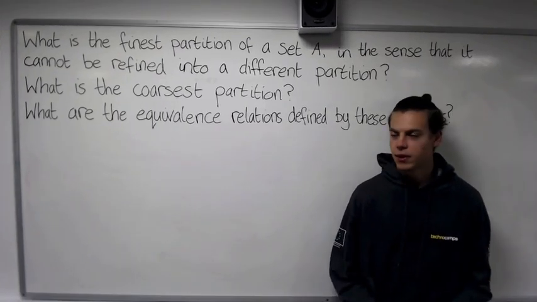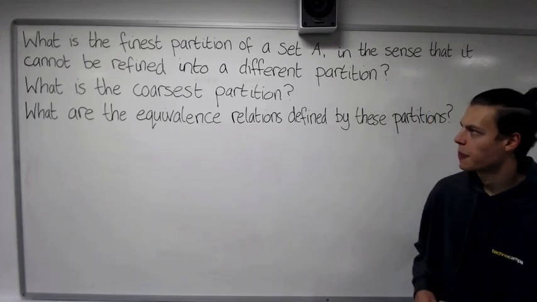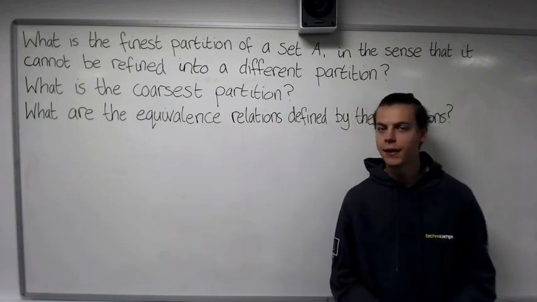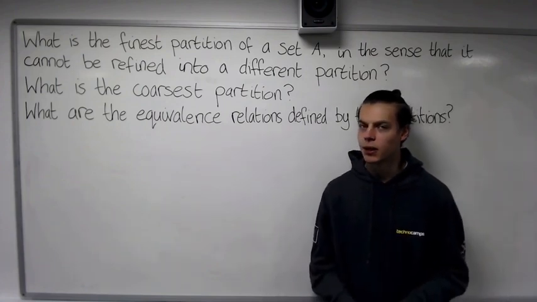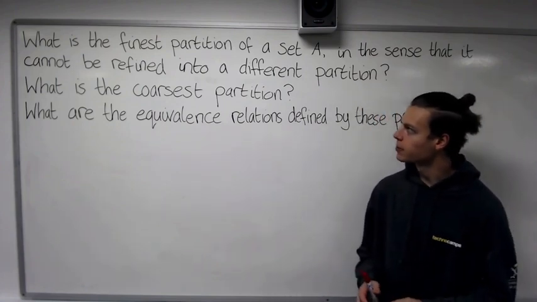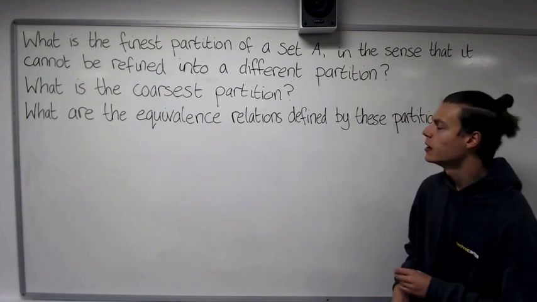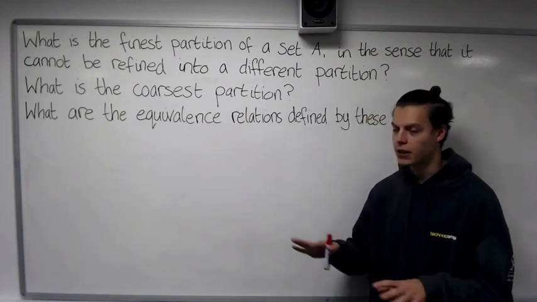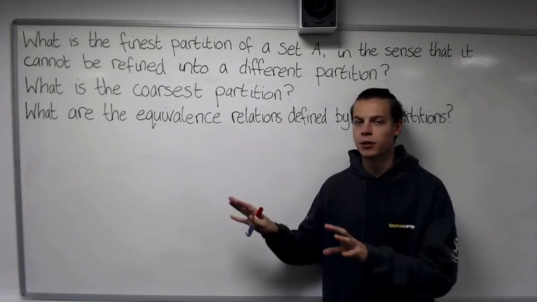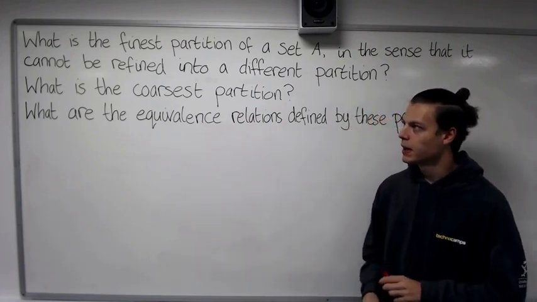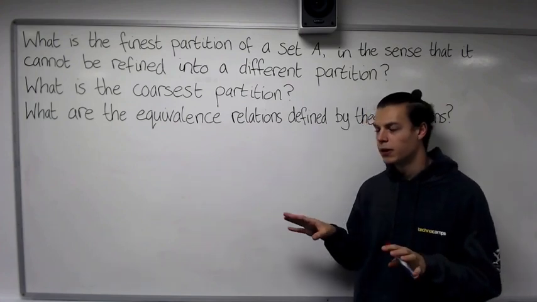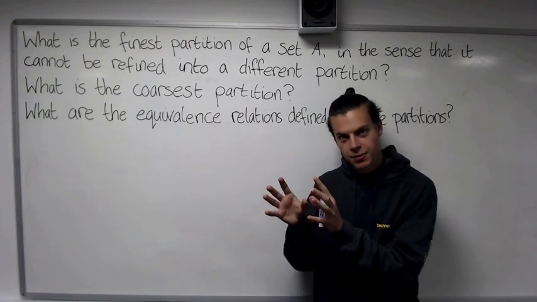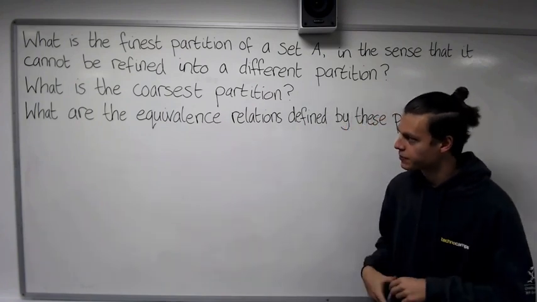In this exercise, we have a few questions to answer. Firstly, we want to know what is the finest partition of a set A. What we mean by this is that it cannot be refined into a different partition. So we know that given a set A, we can partition it into a certain number of groups, right? And now we can refine this partition by splitting each of these groups into smaller groups, right?